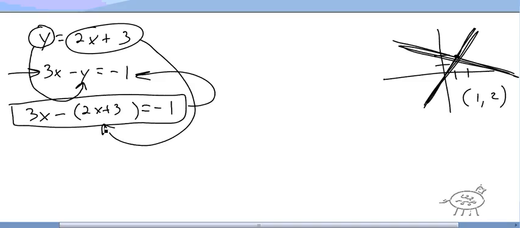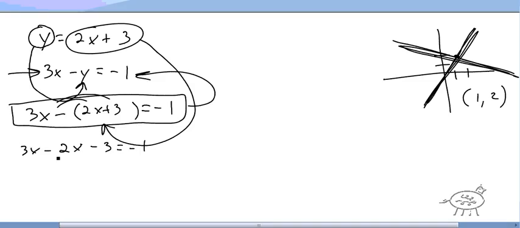Now, once you're at this point, I need to solve for x. You notice I only have one variable. That's the whole point: I'm trying to get just one variable, and then I can solve for it and get a value. Be careful, make sure you distribute that negative. So I get 3x minus 2x minus 3 equals -1.